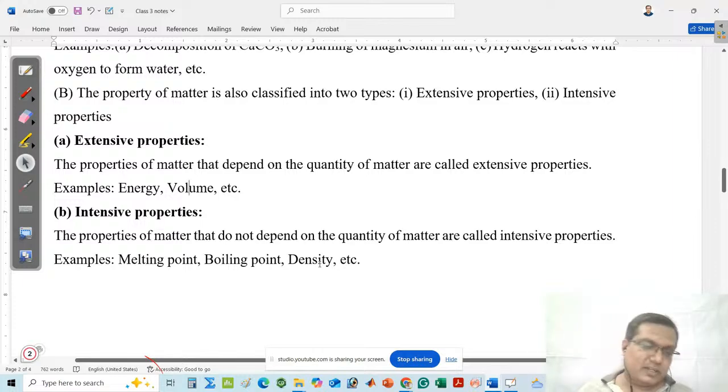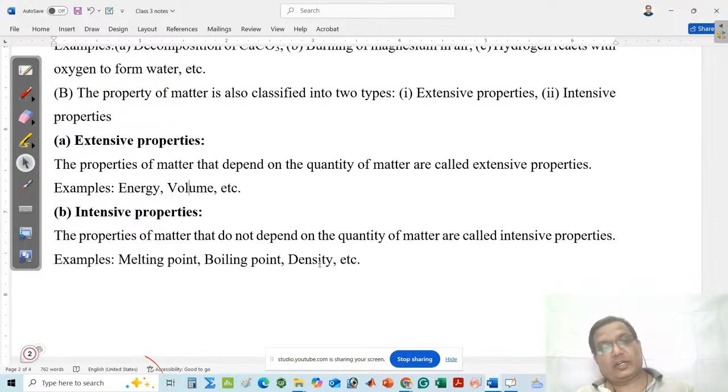Density does not depend upon the quantity of matter, because if you take more quantity of matter, mass will increase, and simultaneously volume also increases. Density is equal to mass by volume, so the ratio of mass and volume, that is density, remains constant. So density is also an intensive property. Clear?